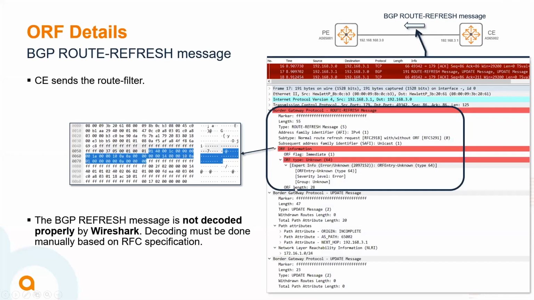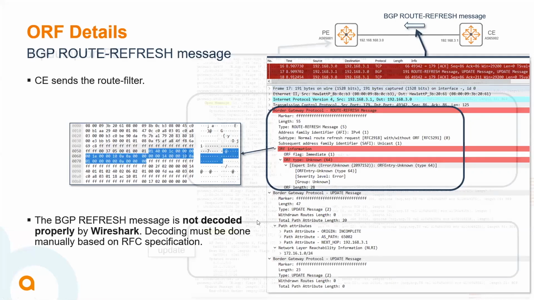But again, that's the second point to share: the decoding is not working properly. You will see information, but you will not be able to see the prefix list. It has to be done manually by dissecting the packet yourself with the RFC specification.